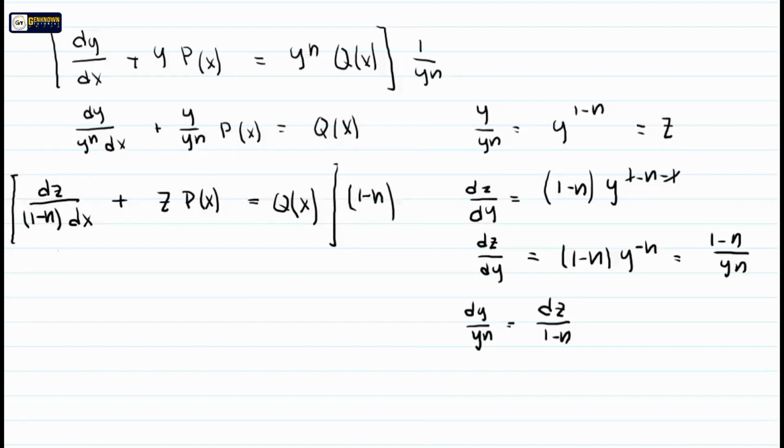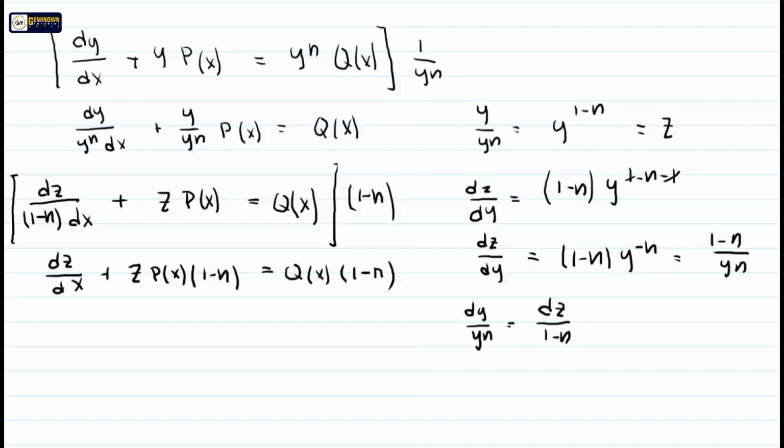So that is dz over dx plus z p of x multiplied by the quantity of 1 minus n is equal to q of x multiplied by the quantity of 1 minus n.